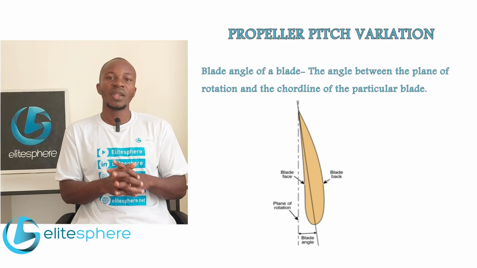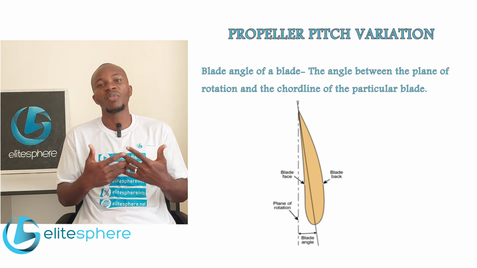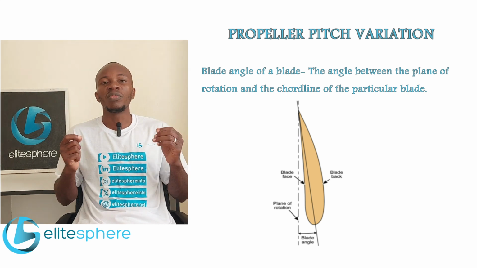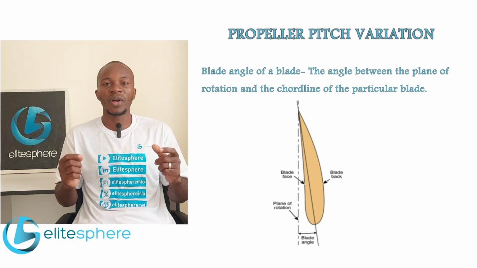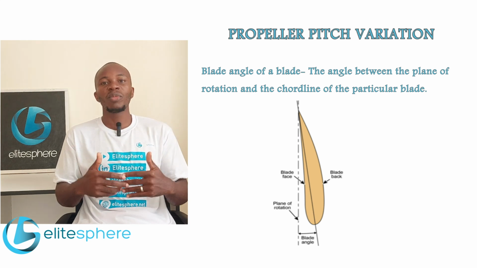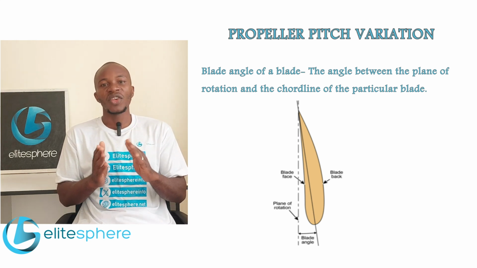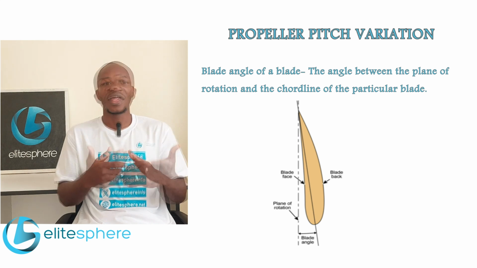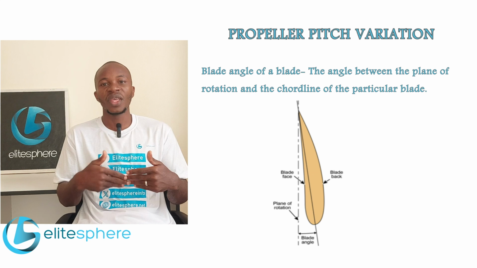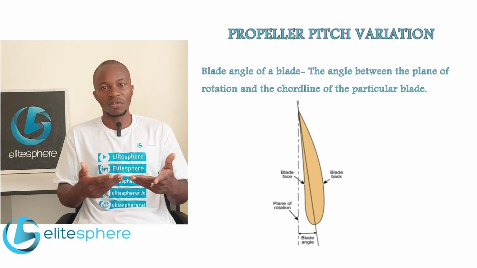Now, the reason for varying the propeller pitch is to enable the engine to give optimum performance for a particular phase of flight. For example, during takeoff, a small blade angle is required, as this enables the engine to rotate at higher RPM, therefore producing high power which is needed for takeoff.